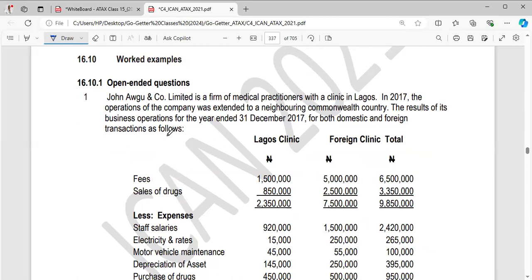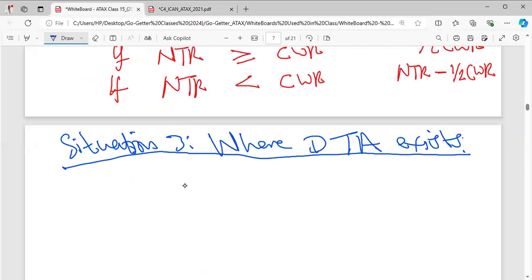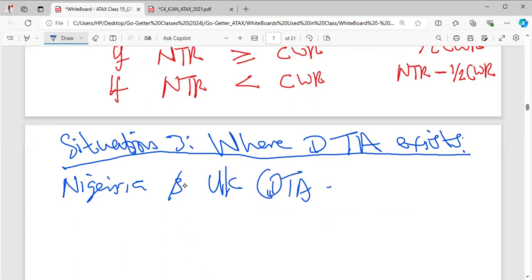Before we look at this example, when there is a DTA, let's say Nigeria and UK, a DTA exists.